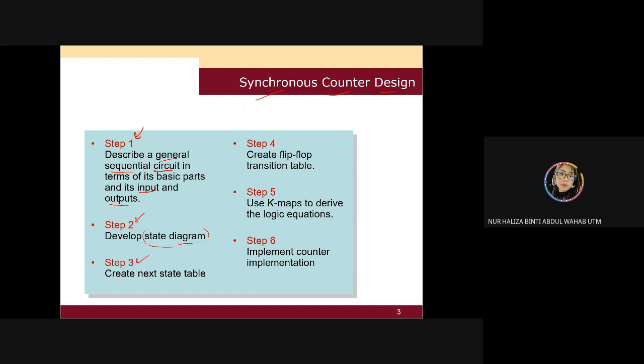Similar also in your step 3. This part you already done, but now you need to add another one, which is your next state table. So if last time you had the condition, maybe you have J, K, and then you have Q. So this is the Q output. You're going to have like 0, 0.